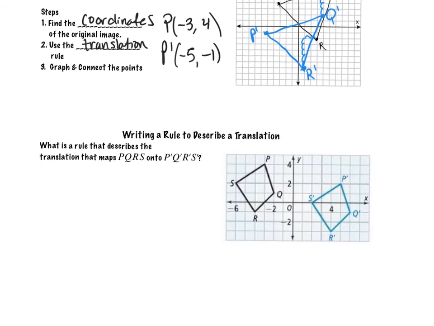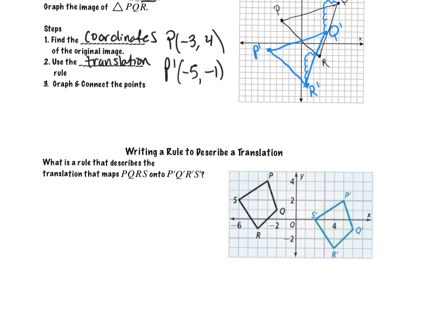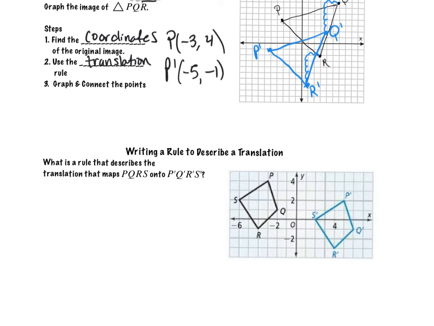Other thing I could do is look and say, how do I write the rule that would take me from PQRS to P prime Q prime R prime S prime? So I have my translation. Now look at how my x's change. How far over did I go from here to here? 1, 2, 3, 4, 5, 6, 7, 8.